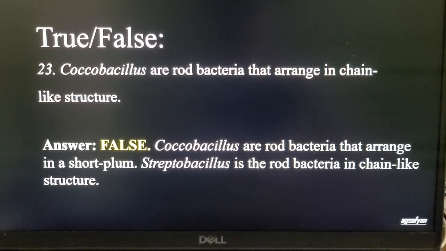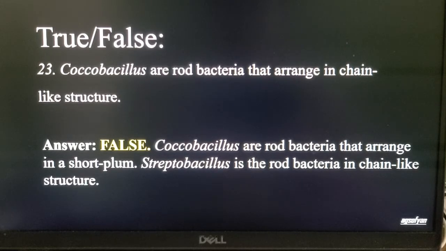If it is streptobacillus, then many long bacteria or rod bacteria make the chain-like structure. That's streptobacillus. Okay, the question is coccobacillus arranged in chain-like structure. It is not correct because chain-like structure is strepto. So the answer should be streptobacillus.